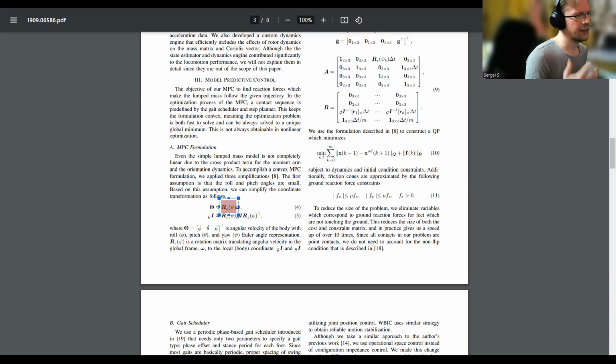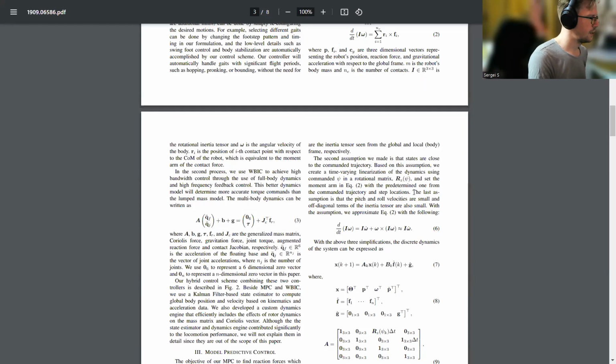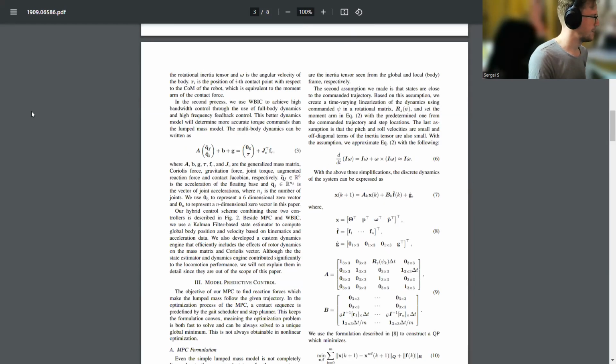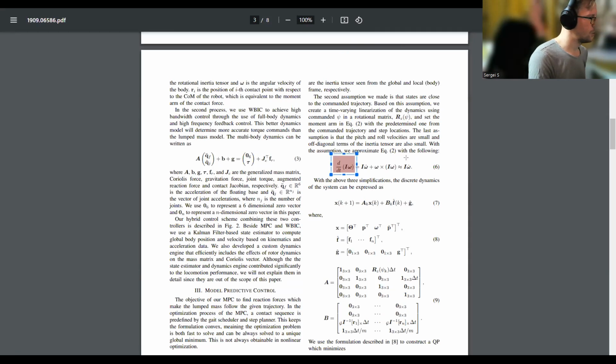That's an additional simplification that they made. Now here is what I discussed previously. You remember, from this we go to this, and we do it by somehow ignoring this additional part.